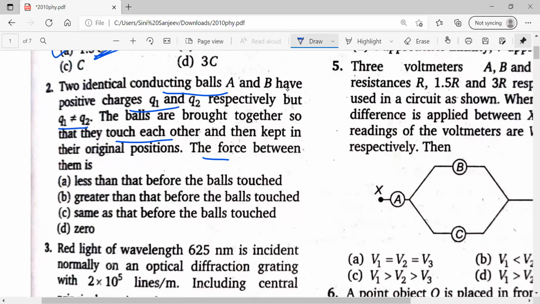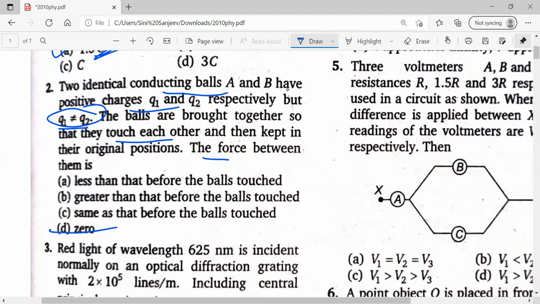This is a very easy question, but a kind of conceptual thing also. Obviously, if the charges are not equal, it can never be 0. So option D has been eliminated.